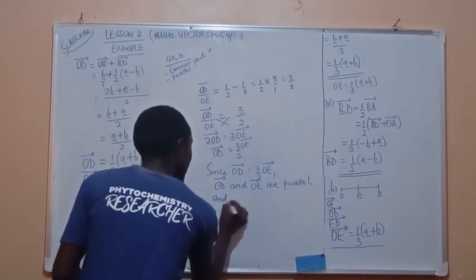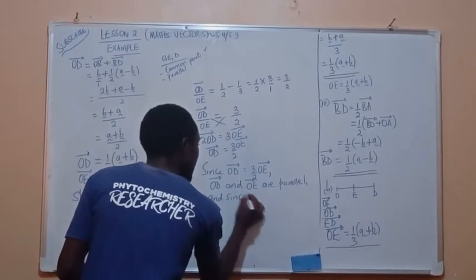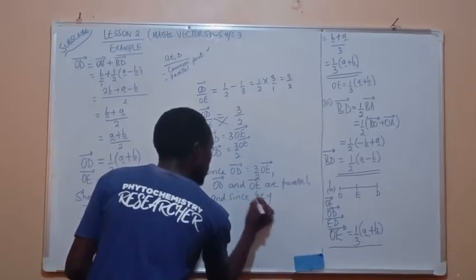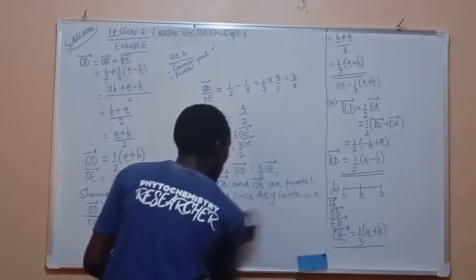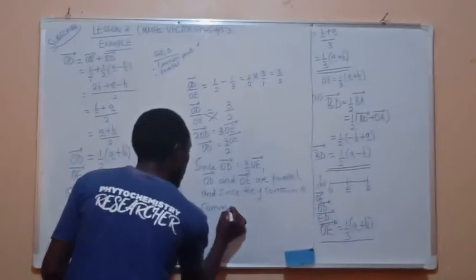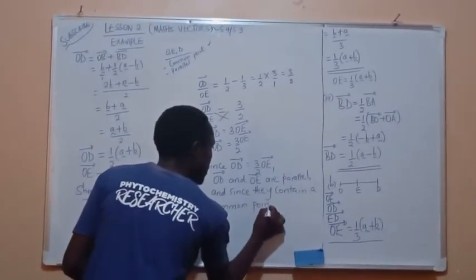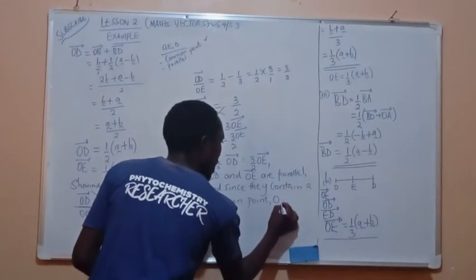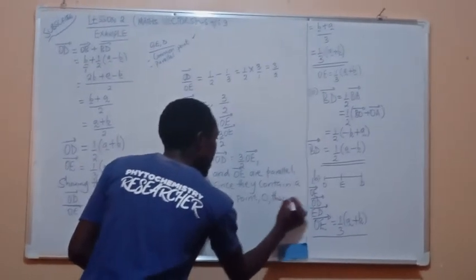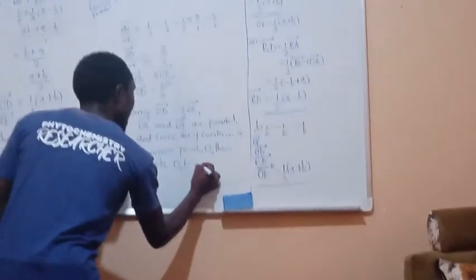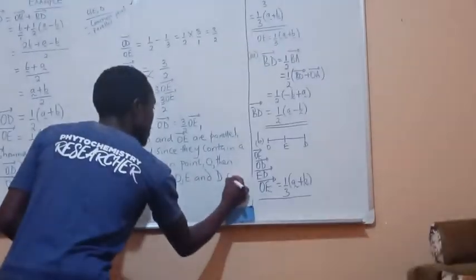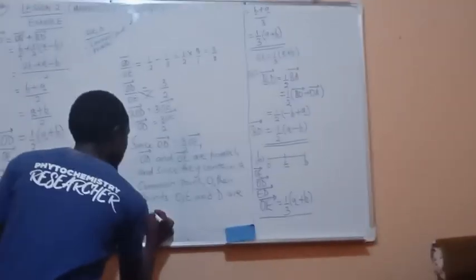And since they contain a common point O, then points O, E, and D are collinear.